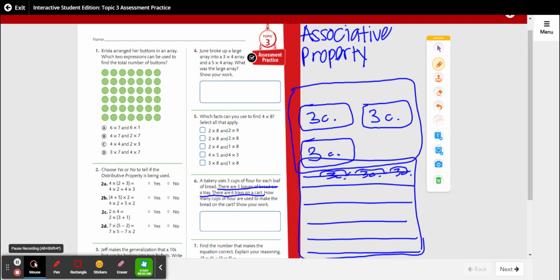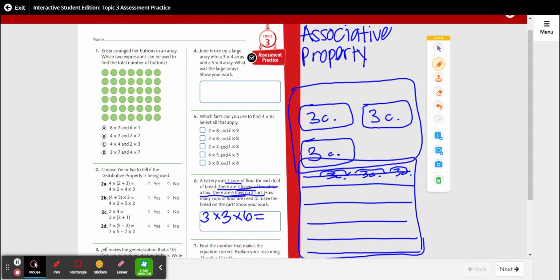So first, what are the factors in this equation? Well, the factors are 3 from the 3 cups of flour, another 3 from the 3 loaves of bread, and then finally 6 for the 6 trays that are going to be on the cart. And at this point, it doesn't matter how I decide to group these. The product is going to be the same.